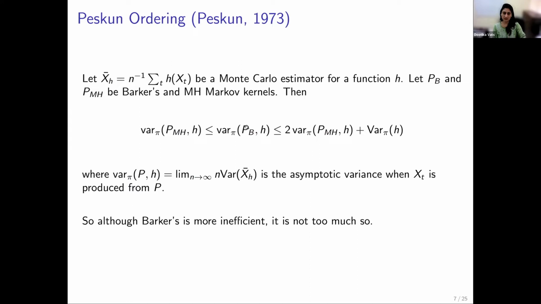So this particular result, the result on the left-hand side, is one of the reasons why nobody really wants to use the Barker's implementation, because we can always do better with the Metropolis-Hastings implementation.